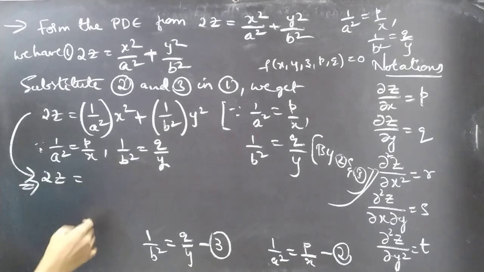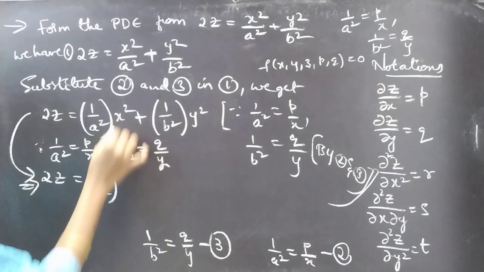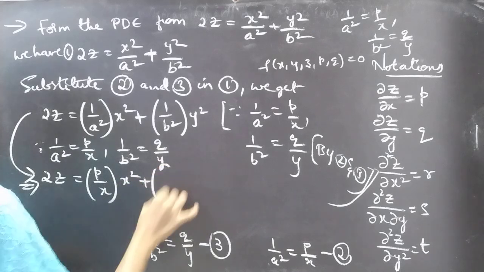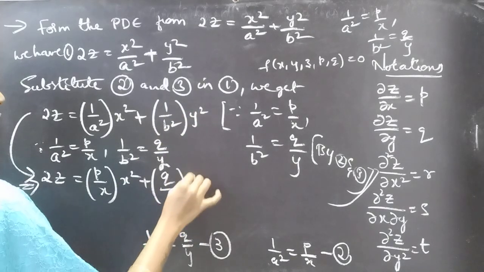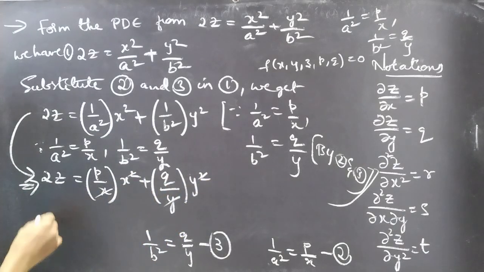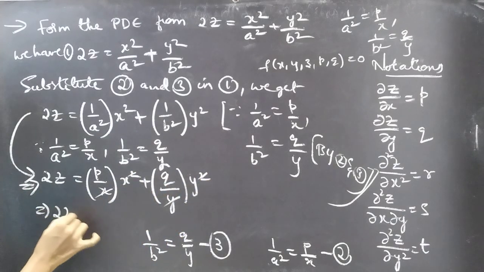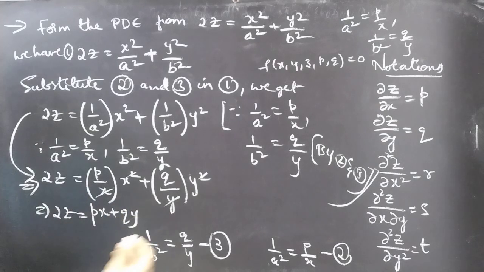Then this becomes 2z equal to p/x into x² plus q/y into y². Here one y and one x get cancelled and this gives us 2z equal to px plus qy, which is the required partial differential equation.